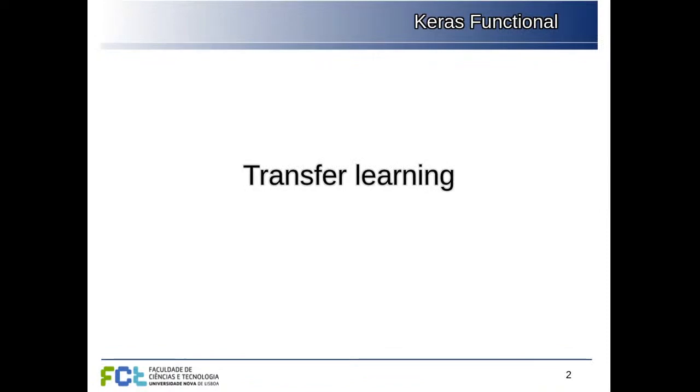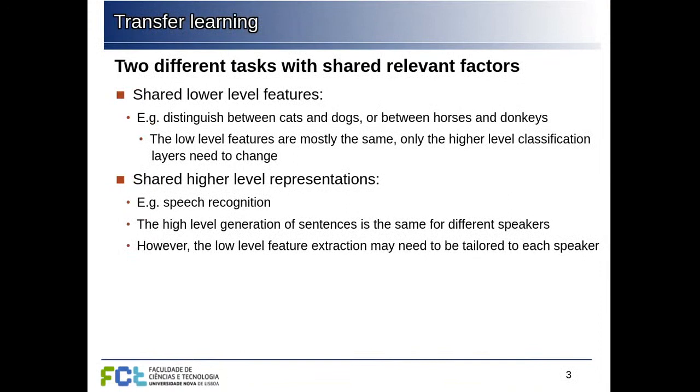I'm just going to give a brief overview. The idea here is that we can share something that we learned in one particular problem and use that in a different problem. For example, suppose that we are training a network for image classification, and there are lower level features like edges and curves and straight lines and so on that can be extracted from the images, and they will probably be the same whether we are trying to distinguish cats and dogs or horses and donkeys or other types of animals.